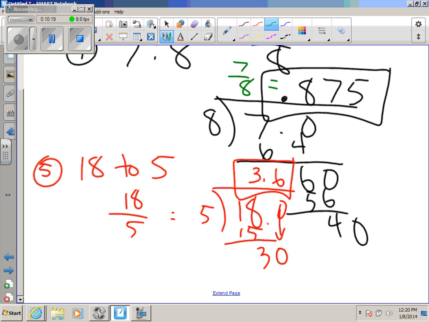Now, can you see why this one equaled that and this one equaled that? Does that make sense to you? One gives you a value that's less than 1 whole. This one gives you a value that's over 3.